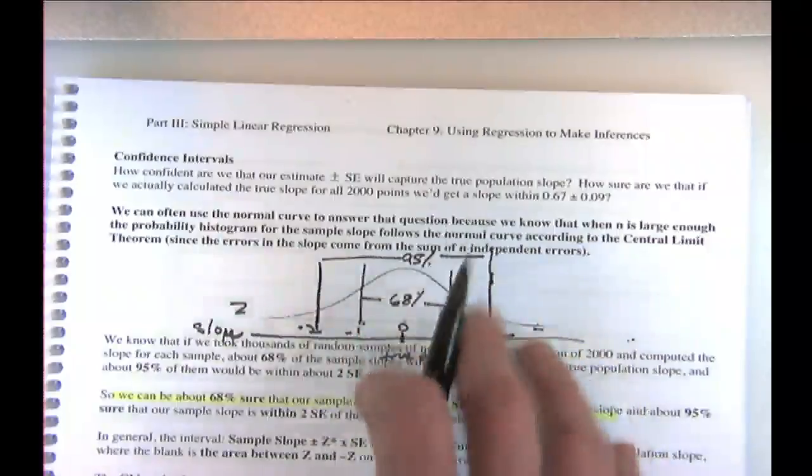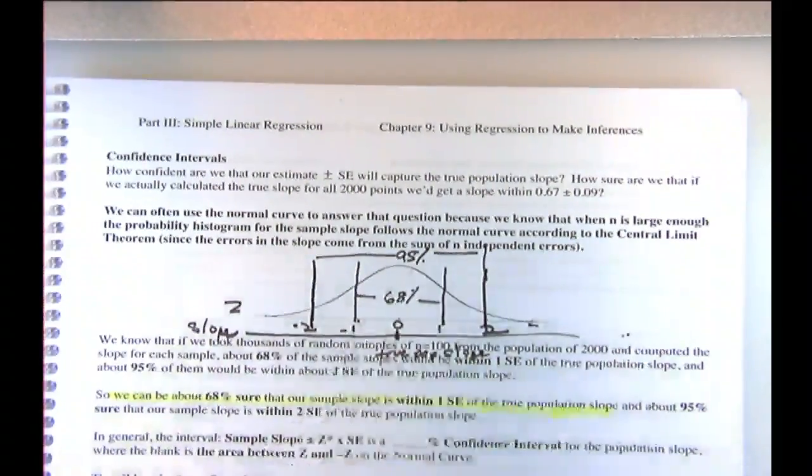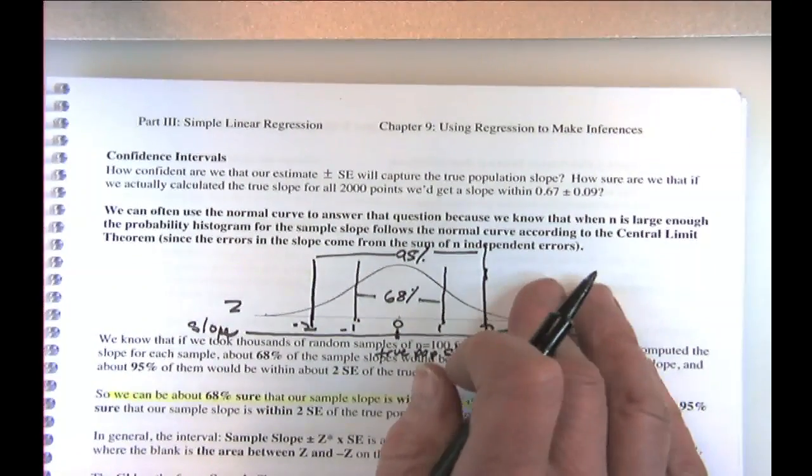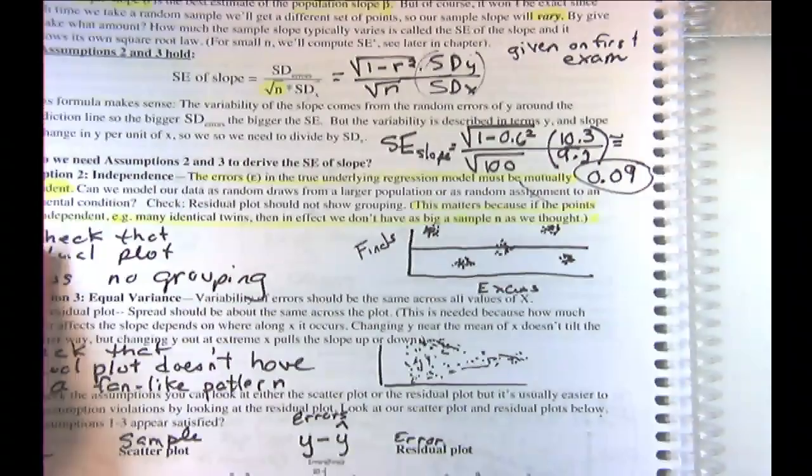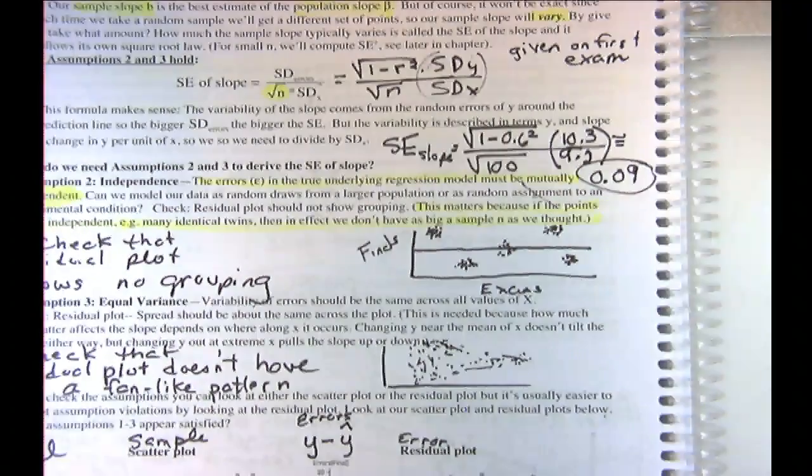And the sum of n random draws, as long as n's big enough, normality has not kicked in yet. You do not have to have normally distributed errors. What does that even mean, normally distributed errors?